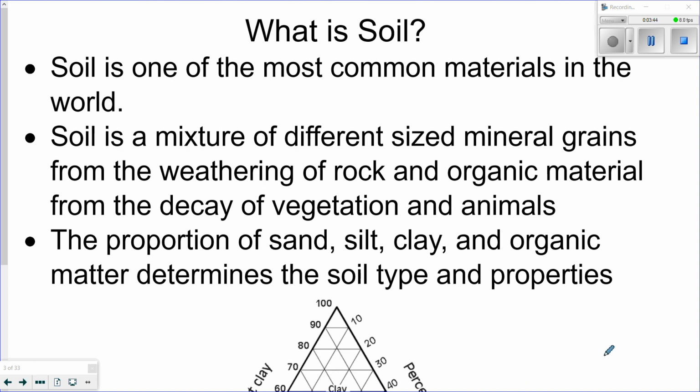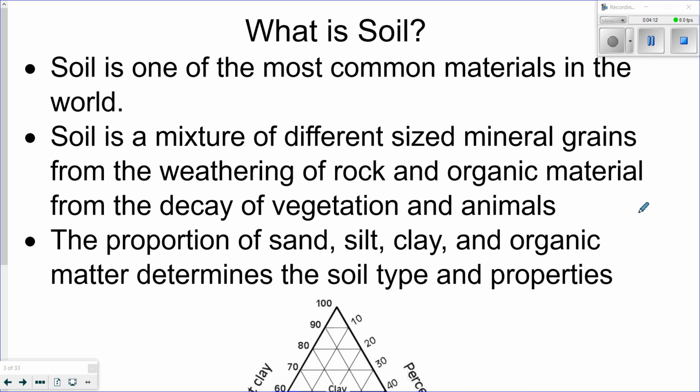So looking at soil, soil is one of the most common materials in the world, and soil is going to be a mixture. So if you think back to Chem 1, mixtures are not chemically attached to one another. It's like if you're cooking, you throw everything in a bowl and you stir. So soil is a mixture. They're not chemically attached to one another. It's just all the different parts of soil stirred together.